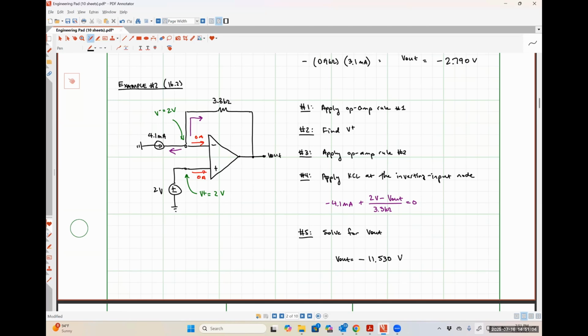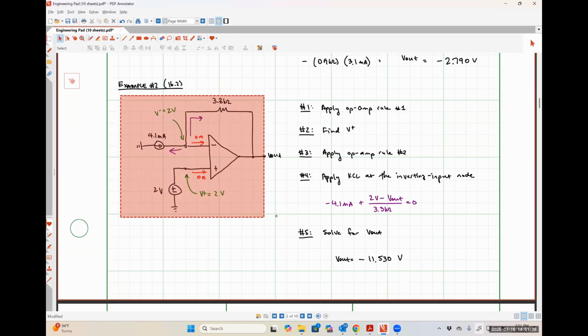The circuit was incrementally more difficult because there was that extra voltage source, but the five-step process worked just as well. I want to look at this from a superposition perspective, just really quickly, so that we have some intuitive sense of what's going on when we apply an input signal on the non-inverting side versus when we apply an input signal on the inverting side of things.